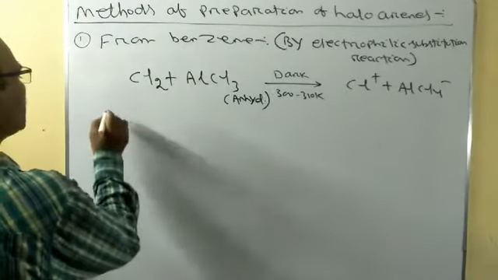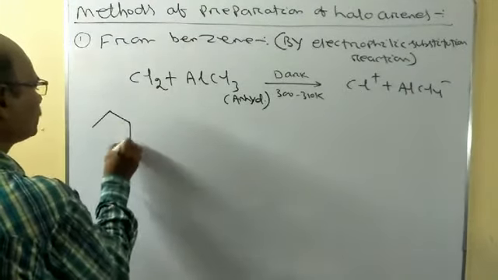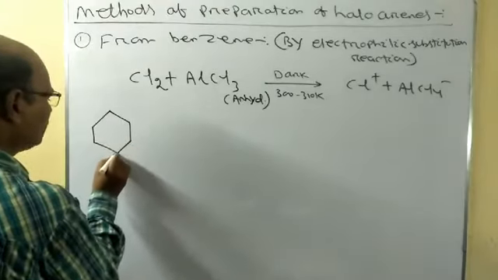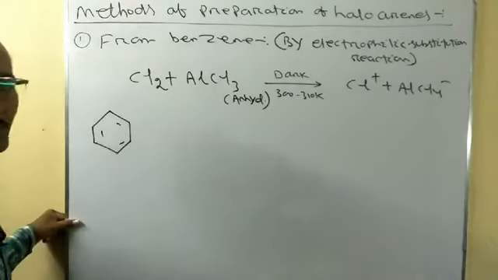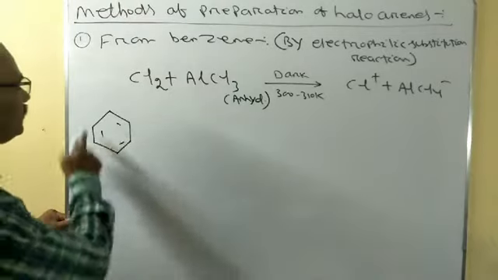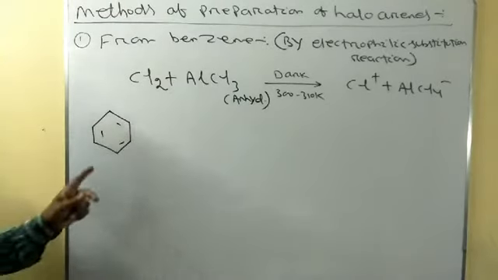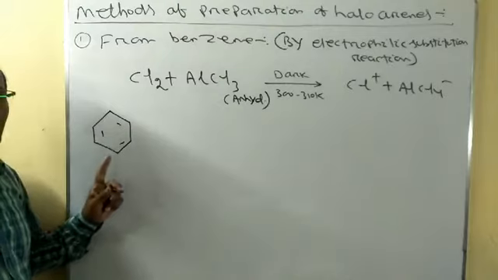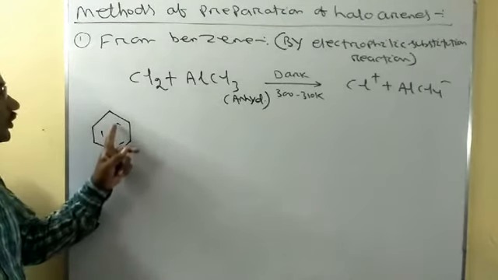Now, we have the benzene ring, this benzene containing 3 pi bonds, which are electron rich.